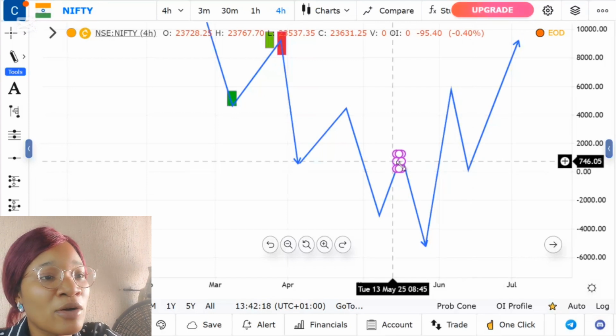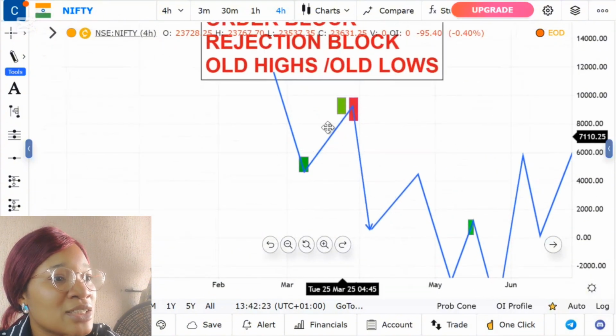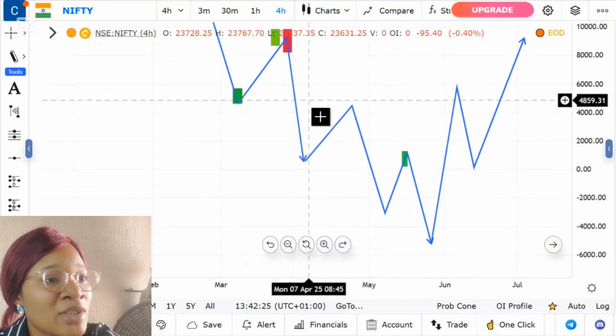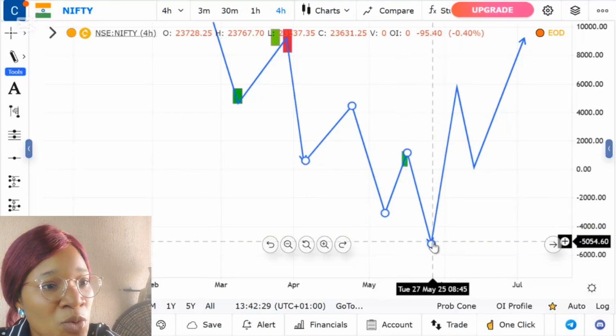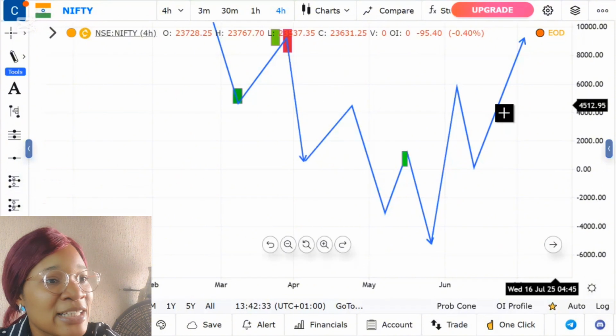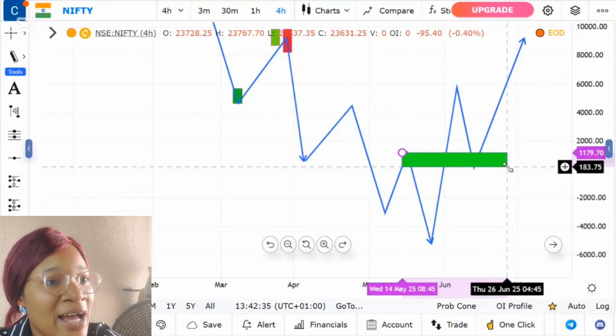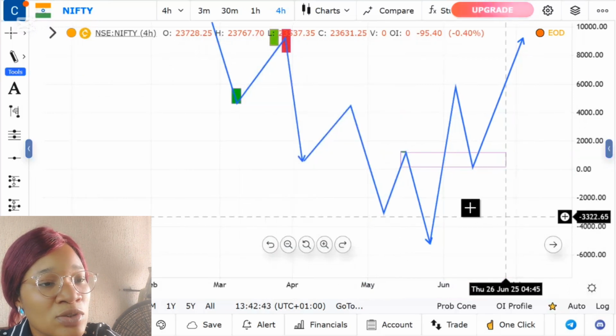A mitigation block, you may see something, this is a mitigation block right here, but then price may get tired of selling, come here, and instead of coming to your other block, which you would have marked here as a bearish order block, expecting that price will come here and sell from there, price is not going to sell from there.